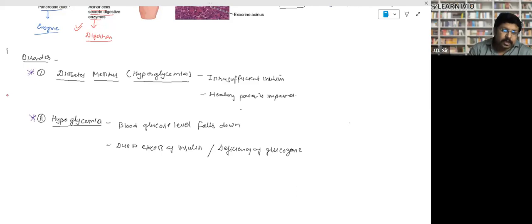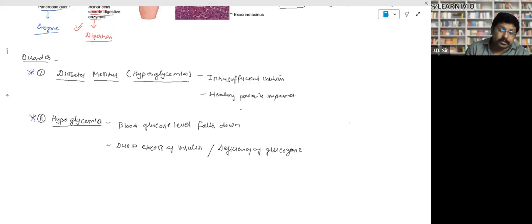The next one is hypoglycemia. Hypo means less and glycemia means glucose. So when the glucose level falls down, this is more dangerous than hyperglycemia. In hyperglycemia, up to a certain level, a person can be saved. But in hypoglycemia, it is really impossible to save a person if it reaches a critical level.